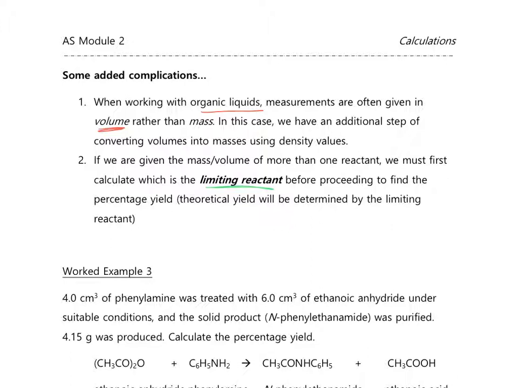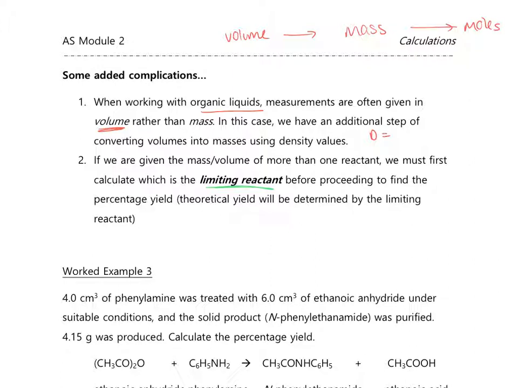There is no equation for volume and moles other than n equals CV, but that is using concentration. So what we need to do is work out the mass. So you need to go from volume to mass before you then go to moles. How do we do that? Well, to work out the mass, we use our density equation.